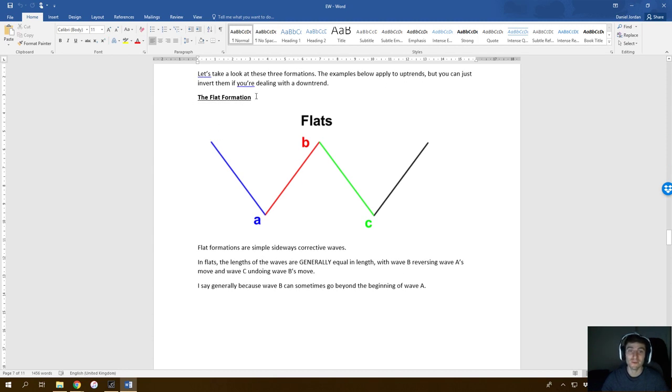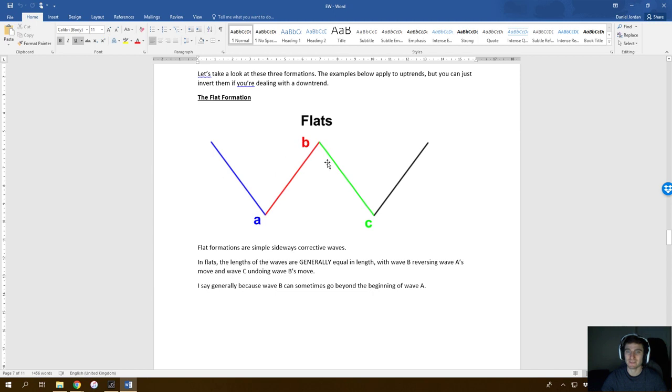Okay, so formation number one, the flat formation. The flat formation is where you are getting an A, B, C very much flat like this. So the A is downwards. In flats, the lengths of the waves are generally equal in length, with wave B reversing what wave A did, and wave C then reversing what wave B did.